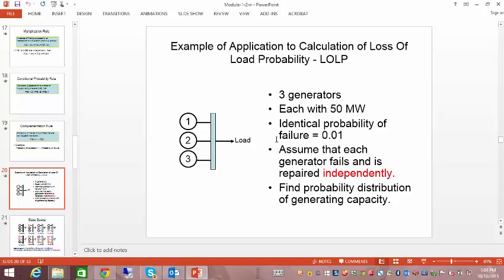They have identical probability of failure, which is 0.01, and we can assume that each generator fails and is repaired independently of the others. So the first thing we want to find out is the probability distribution of the generating capacity.